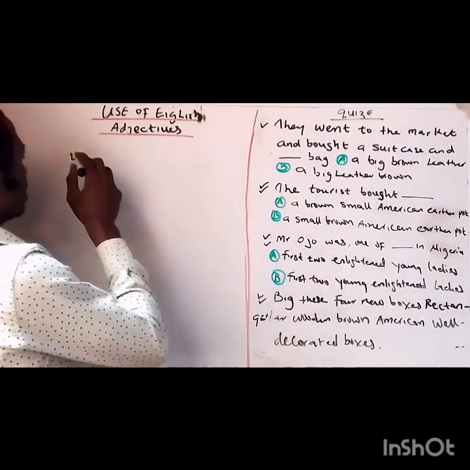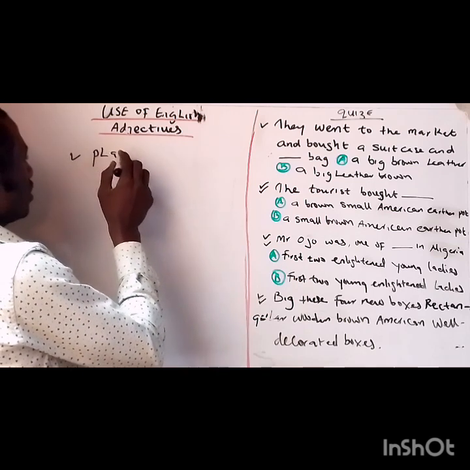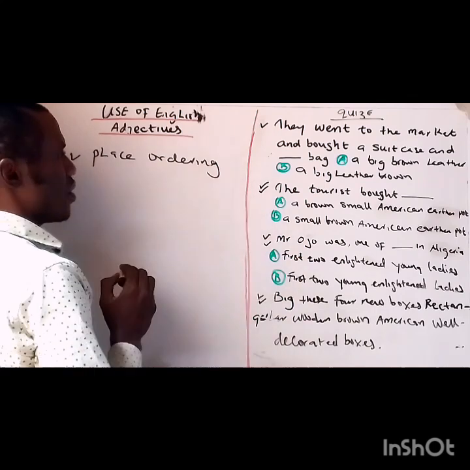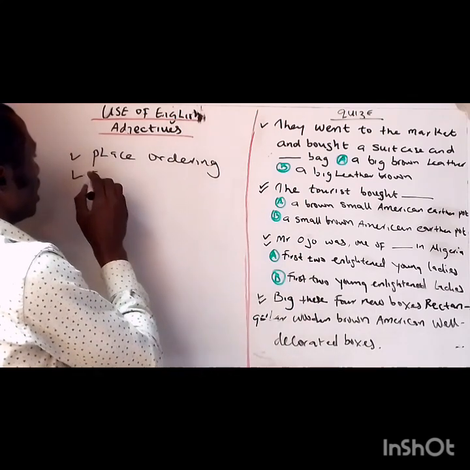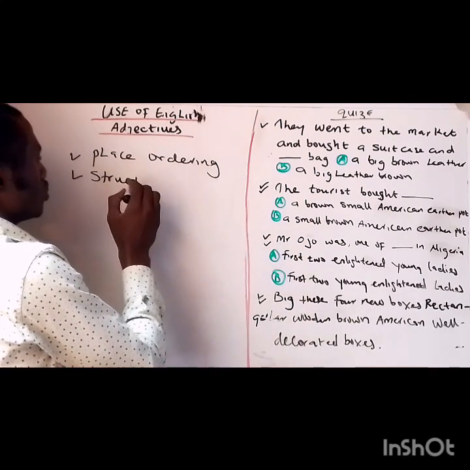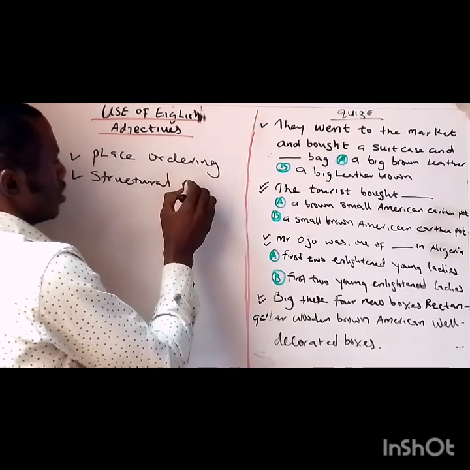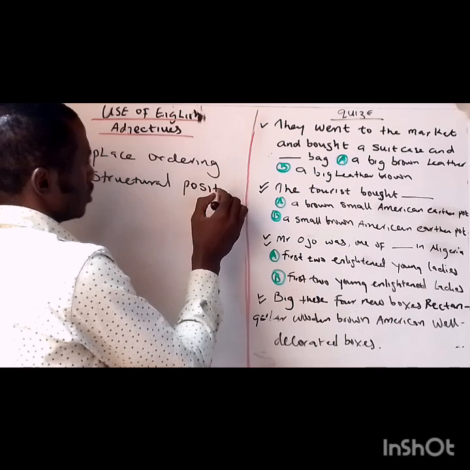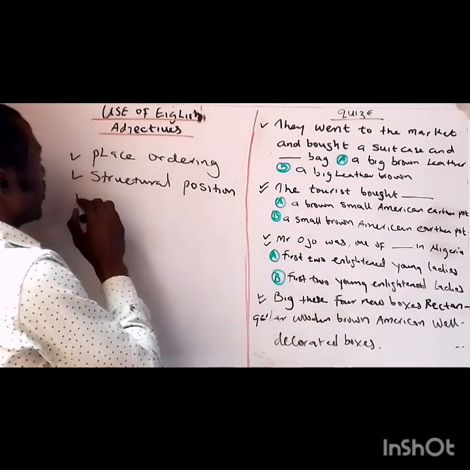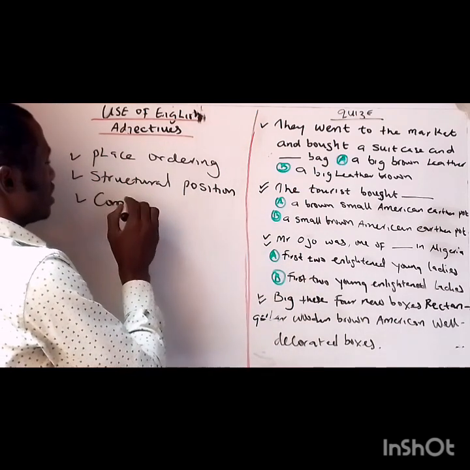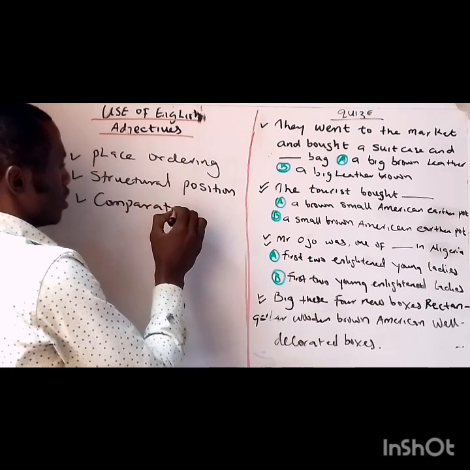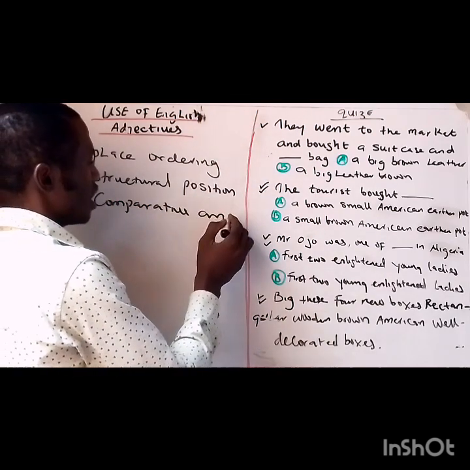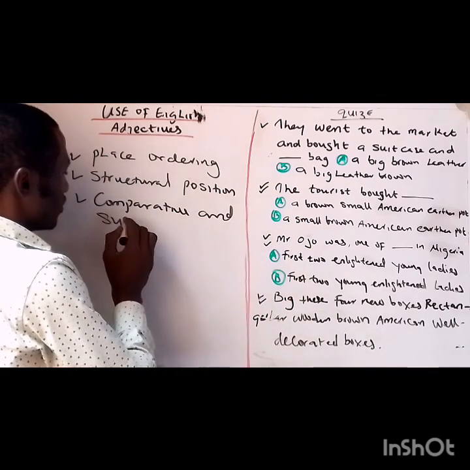Number one is place ordering. You should look out for place ordering. Number two is structural position. Number three is comparative, just like what we did using the diagram, comparative and superlative.